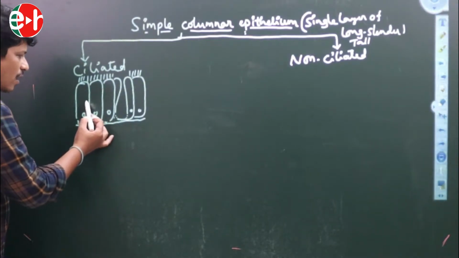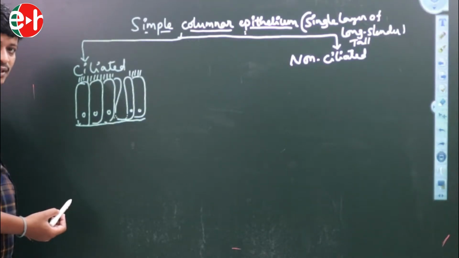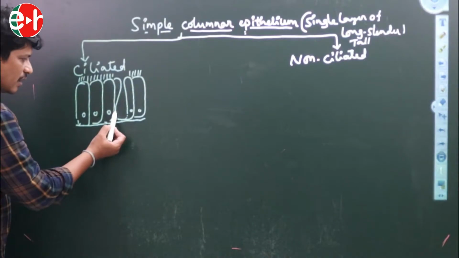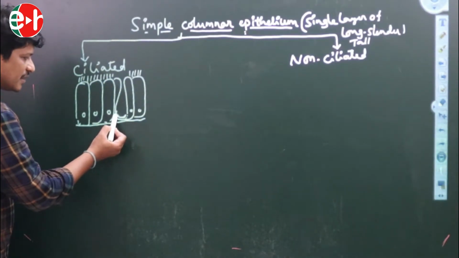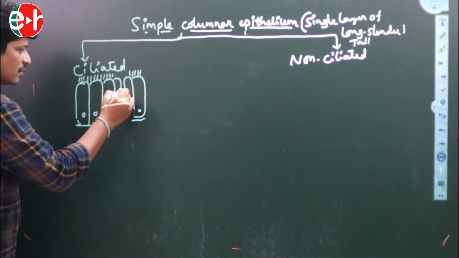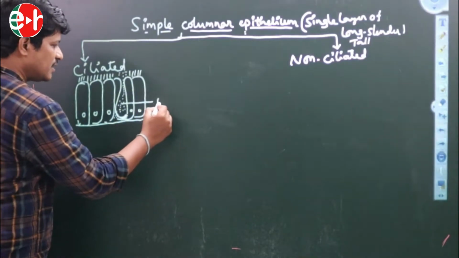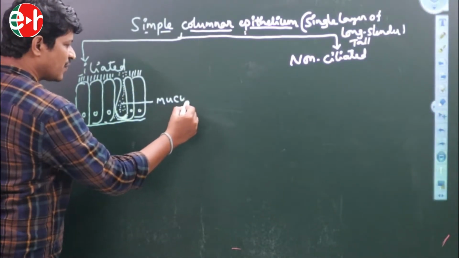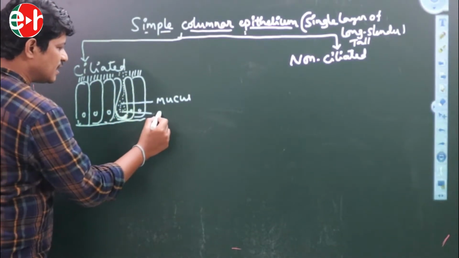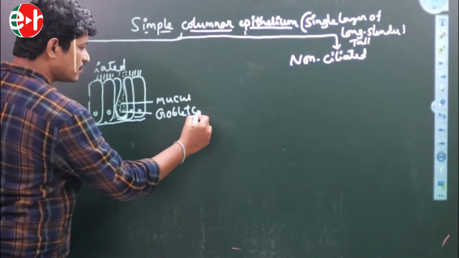Here all the cells look similar, but in the middle of some of these ciliated columnar epithelia, specialized cells are present. These cells secrete mucus. The mucus-secreting cells are called goblet cells.